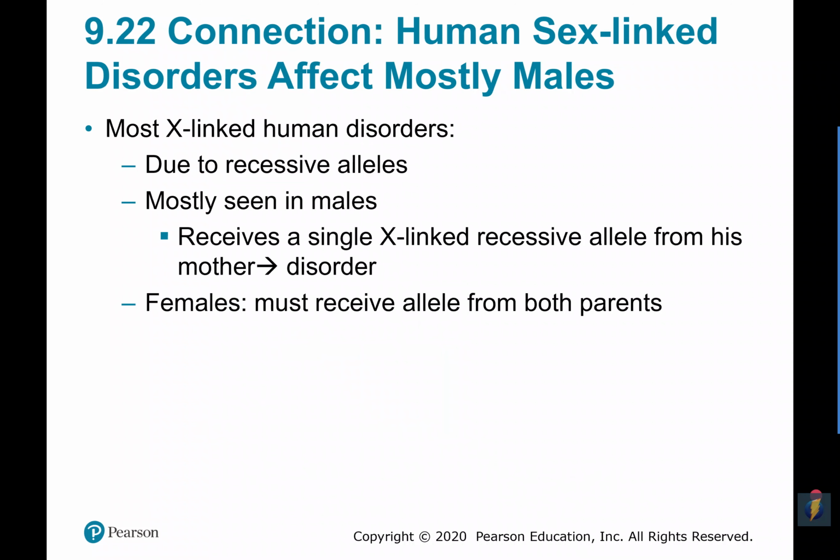Most of our sex-linked disorders in humans tend to affect primarily males, right? A lot of these are recessive traits, so they don't tend to show up unless you have a recessive allele on that X chromosome, and since men only have the one X chromosome, if they get the X chromosome with that recessive allele, their little Y chromosome can't dominate.